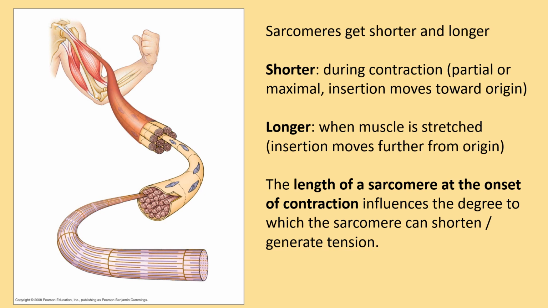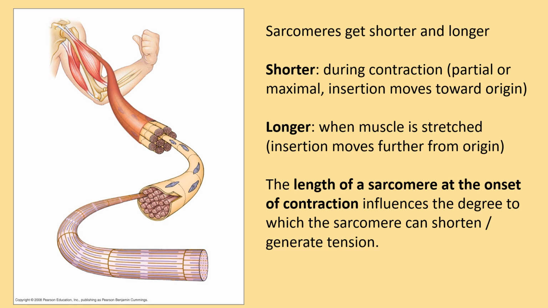We can also think about sarcomeres getting longer. Sarcomeres will get longer when a muscle is stretched, when the origin is pulled away from the insertion. And so the distance from one Z disc to the next Z disc will actually increase. So we know that these sarcomeres vary with muscle position.